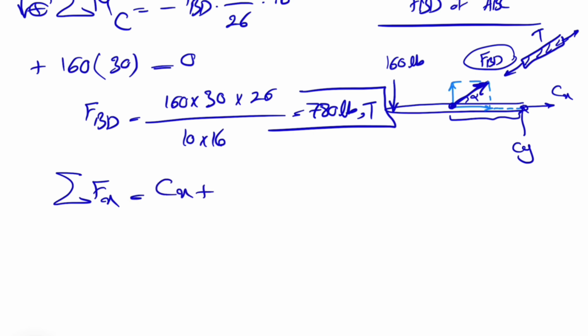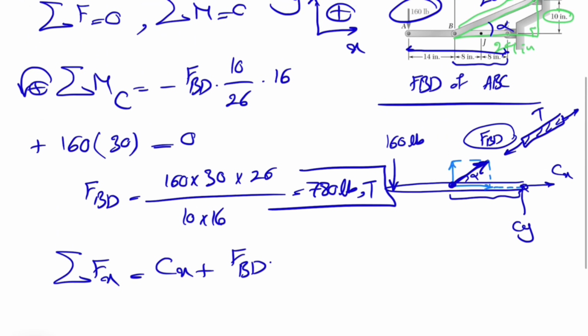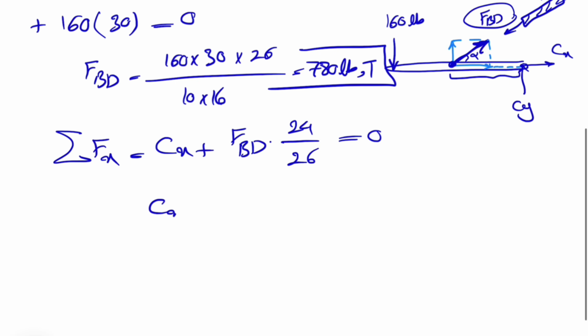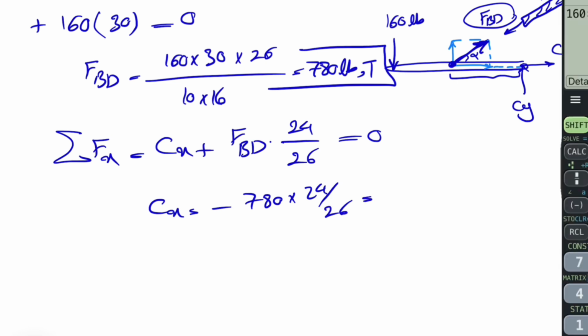We have Cx plus FBD, this time cosine of alpha, which is going to be adjacent, 24 over 26, equals 0, so our Cx would be minus 780 times 24 divided by 26.